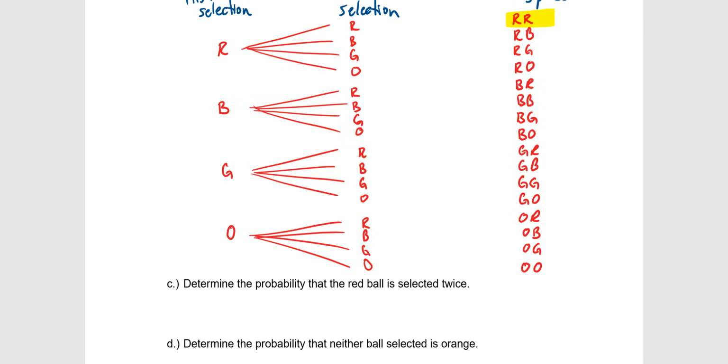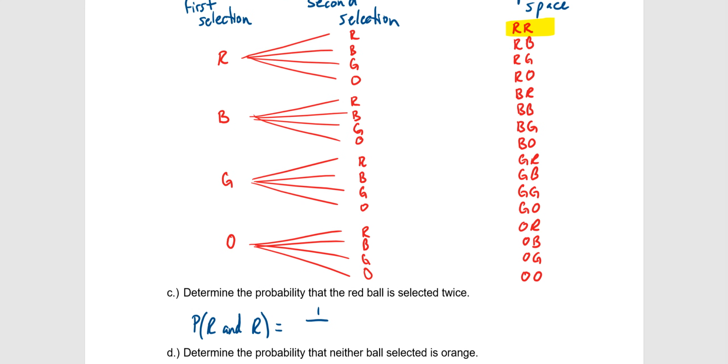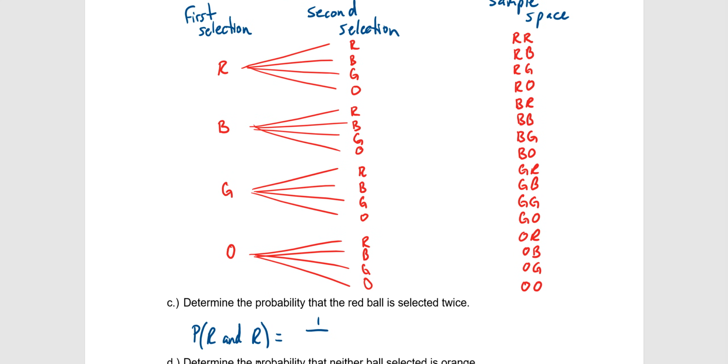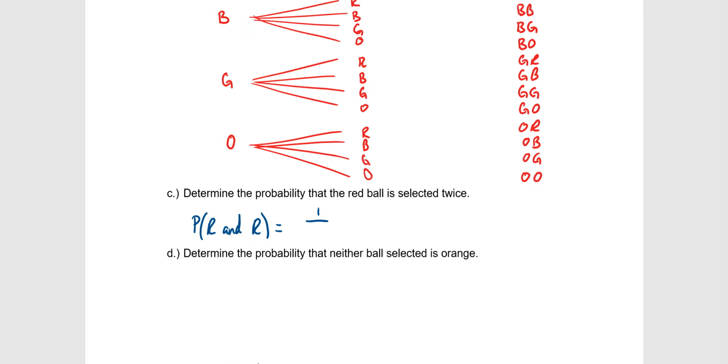So that's going to be 1, and that's going to be in the numerator, divided by the total number of possible outcomes. So once again, we can go ahead and count these up, or we can look at our counting principle. From the first part, there's 16 possible outcomes, so 1 out of 16. So the probability of rolling 2 reds in a row is 1 over 16.